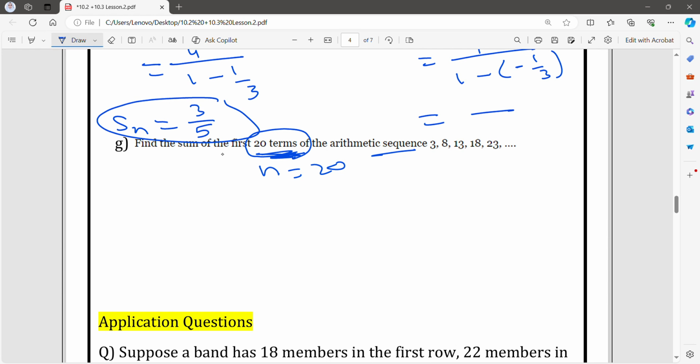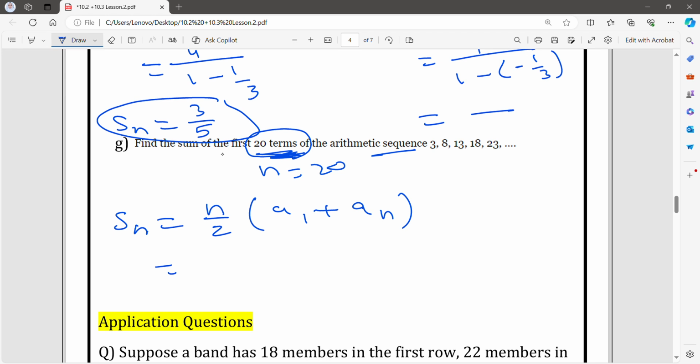So again, what is the arithmetic sequence formula for the sum? We will use the same formula in arithmetic, because in our lesson they always tell you to find the sum of how many terms. So what is the formula? n over 2 times (a1 plus an).